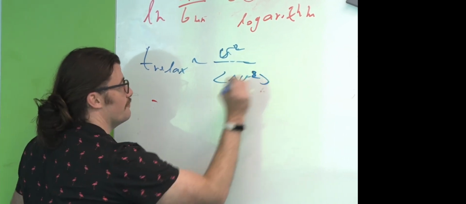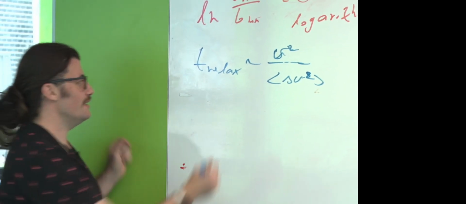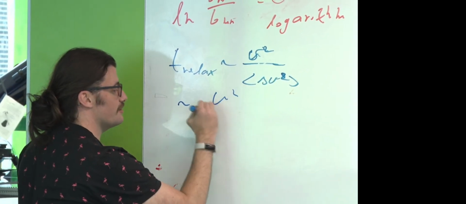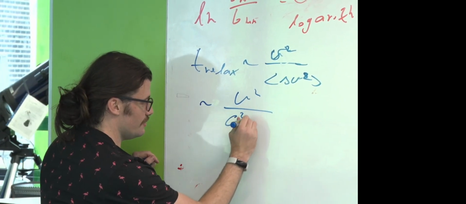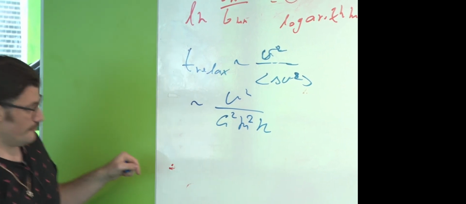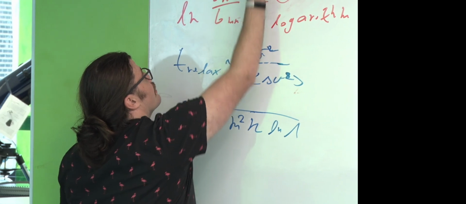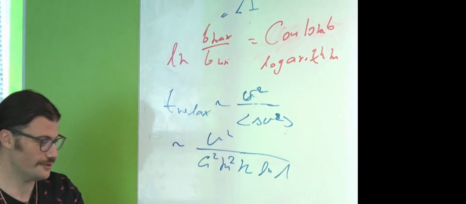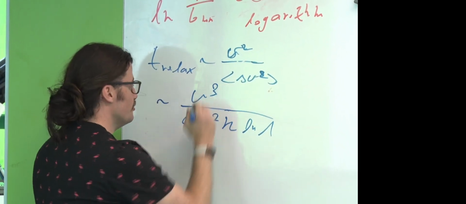Sorry about my handwriting, I haven't used the whiteboard for a while. And it is roughly v squared. We can plug in everything there. So it's G squared m squared n times the Coulomb logarithm, sometimes called lambda, and you're going to have another power from the velocity, so it's going to be v cubed.